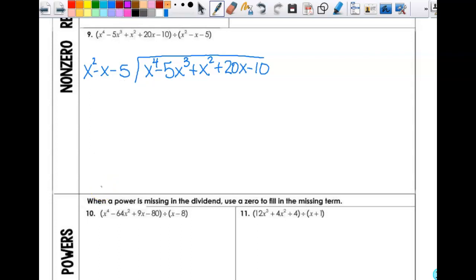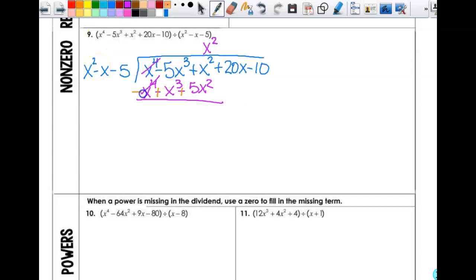So x squared goes into x to the 4th x squared times. I put that where? Above the x squared. So this is my x squared here. So then I get x to the 4th minus x cubed minus 5x squared. I changed my signs. Don't forget to do that every single time.